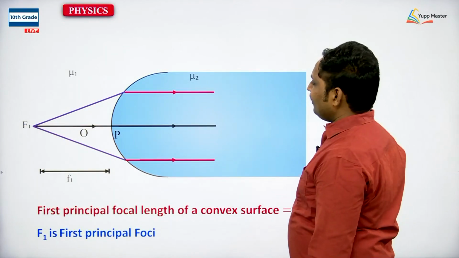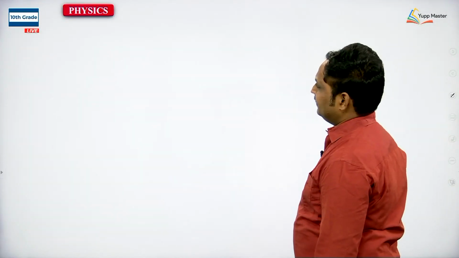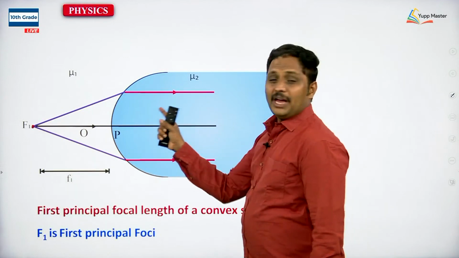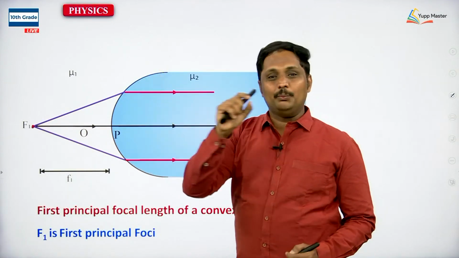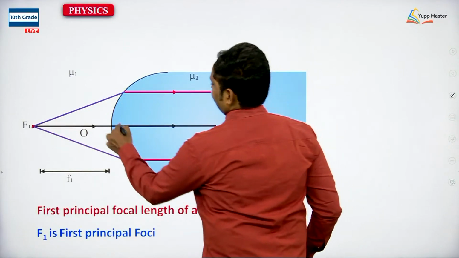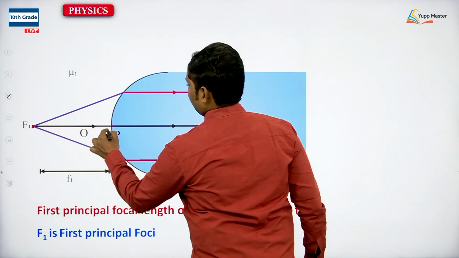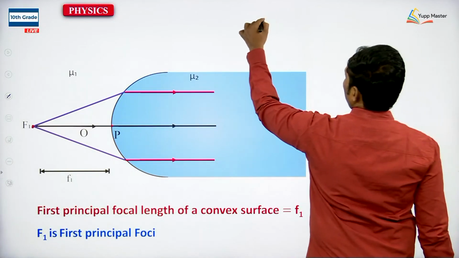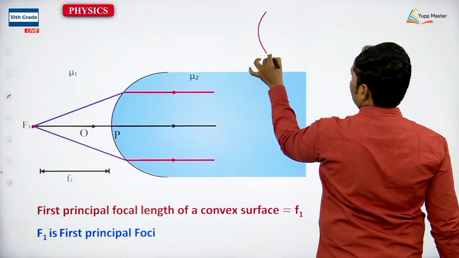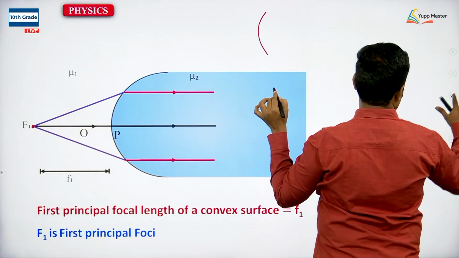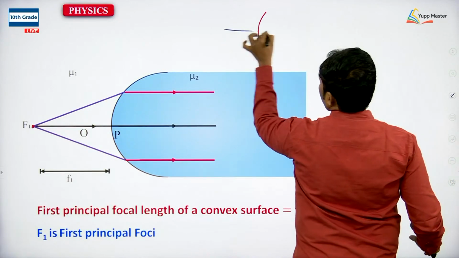Now, from the pole we have to take the measurements. The pole is one reference point, it is very clear. So, from this pole we take the reference point. This is very important for all your measurements.